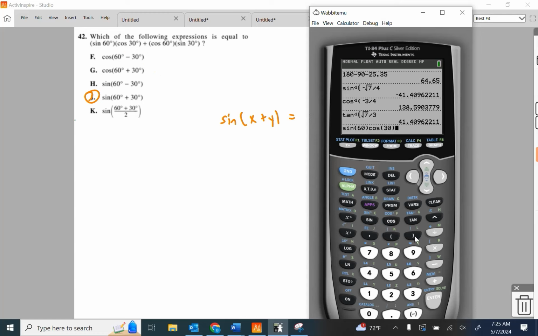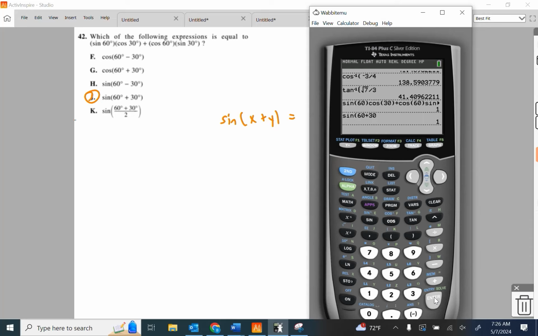Cosine 30. Even a kid who doesn't know anything about trigonometry can do this by pushing buttons in a calculator. And then we can do sine of 60 plus 30, and we'll see if we match. Because I could be wrong this morning. So, hey, they match. It's just a simple push button in a calculator.